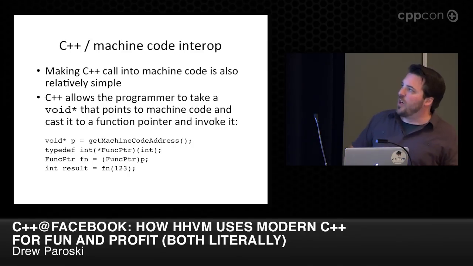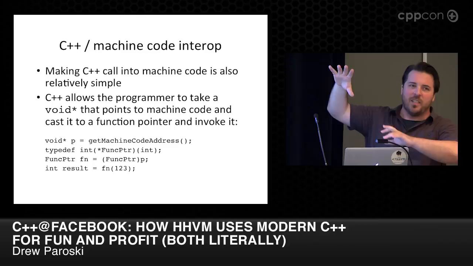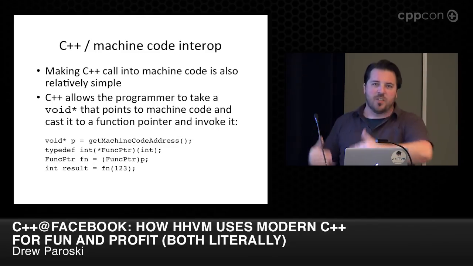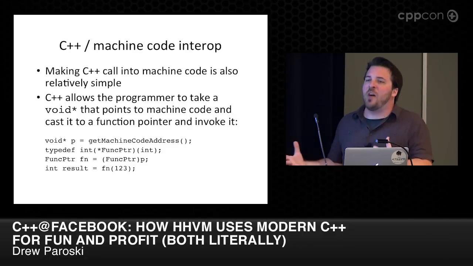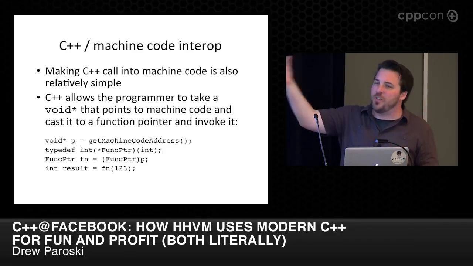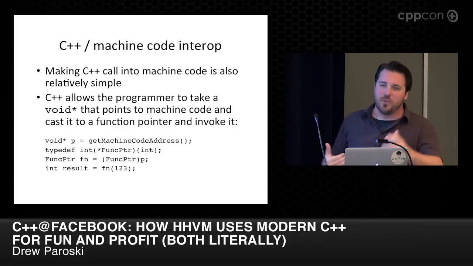So let's say you run your JIT, it mallocs some memory, it calls whatever it needs to call on the OS to make sure that range of memory is executable, and fills it in with some machine code. Okay, great, now what? Let's say you now have the address of the beginning of that chunk of memory that you just spit a bunch of machine code into. Let's say getMachineCodeAddress returns it to you as a void pointer.